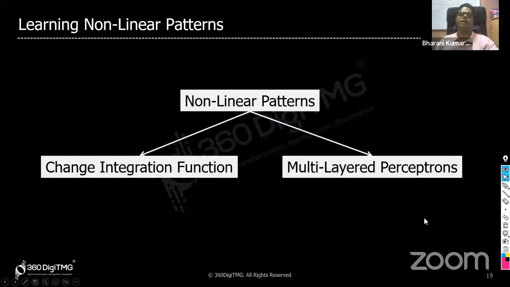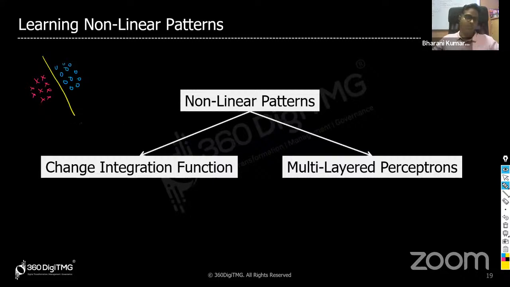And then you have linear patterns and nonlinear patterns. Perceptron algorithm is used to handle linear patterns. Meaning, if you have data like this, if you draw a line, if these are the two classes, it's called as linear pattern and linearly separable boundary.